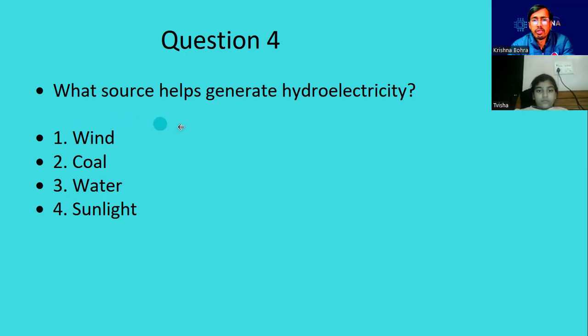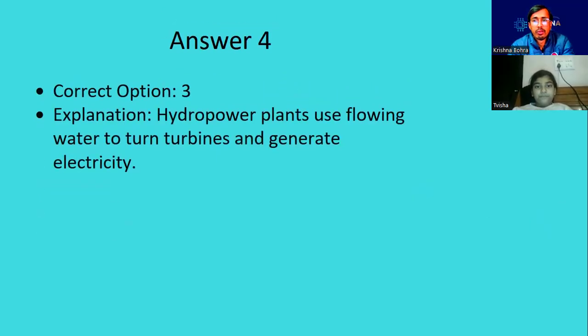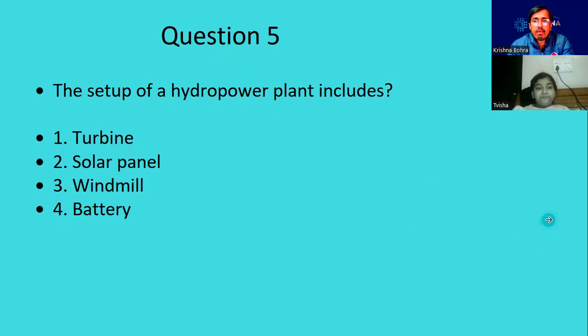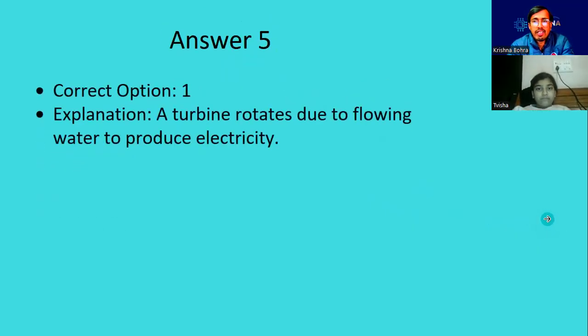What sources help generate electricity: wind, coal, water, and sunlight? Water. That's good. Question 5 says the setup of a hydropower plant includes turbine, solar panel, windmill, or battery. Turbine. Okay, you are absolutely correct.